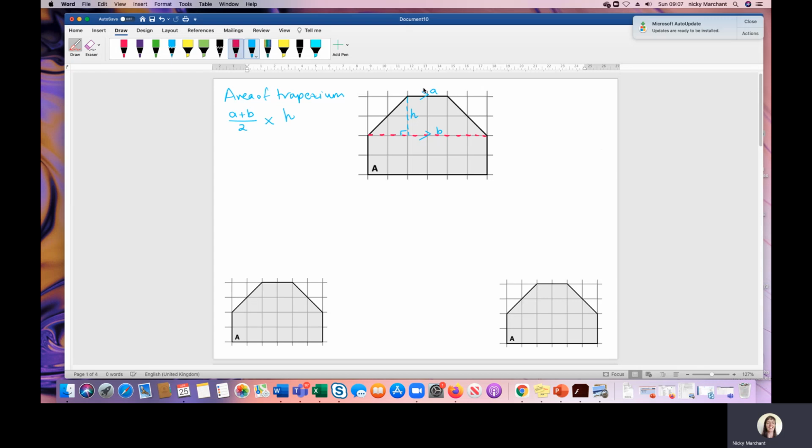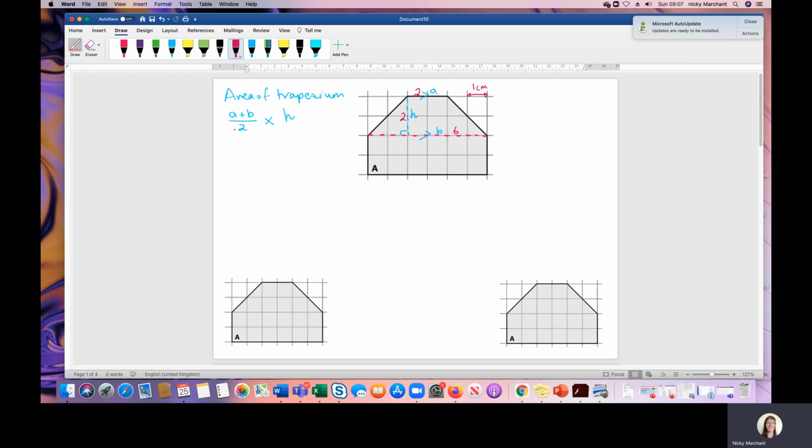So you need to label the actual amounts. Here we've got 2, 4, 6, so 6 squares along, and this height here is also 2 centimeters. In the original question, it told you that 1 square was 1 centimeter long, so we're using the scale they told us.